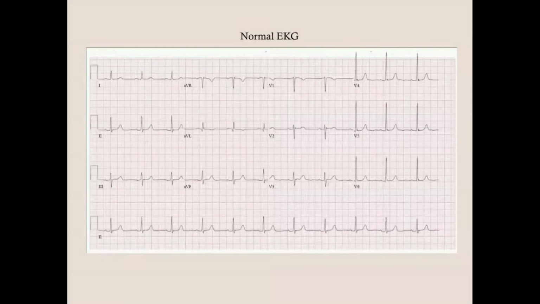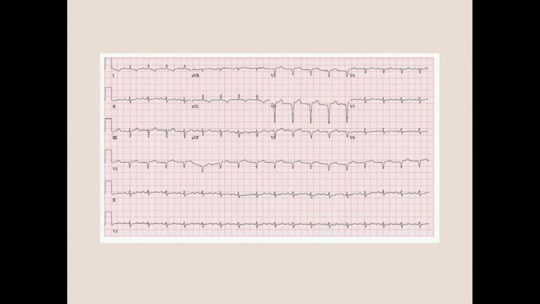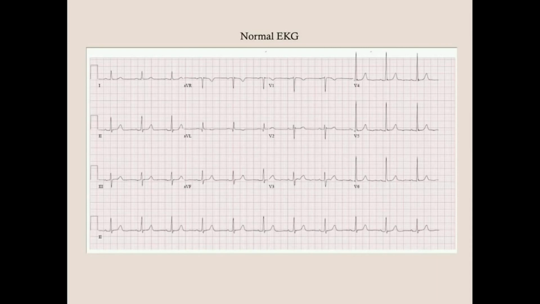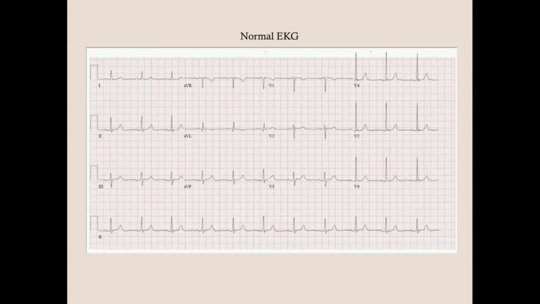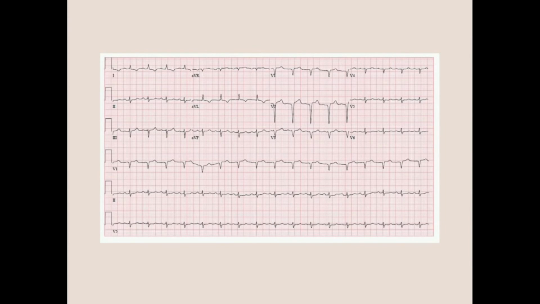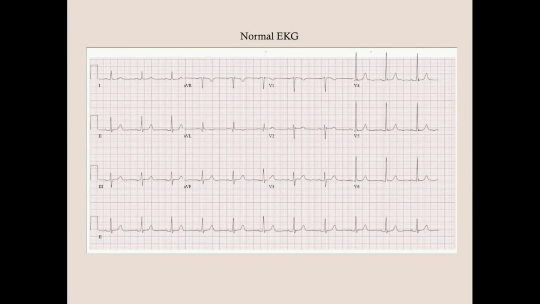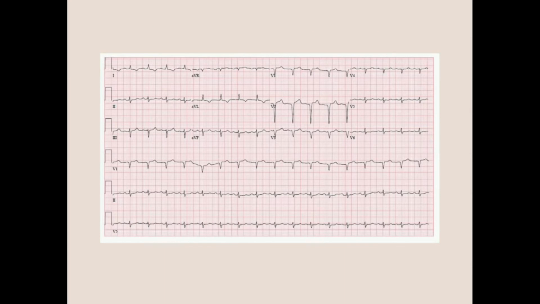And here's her EKG. So notice the difference. Might be kind of slight, but you really notice it when you look at those precordial leads. At least V3, V4, V5, and V6.